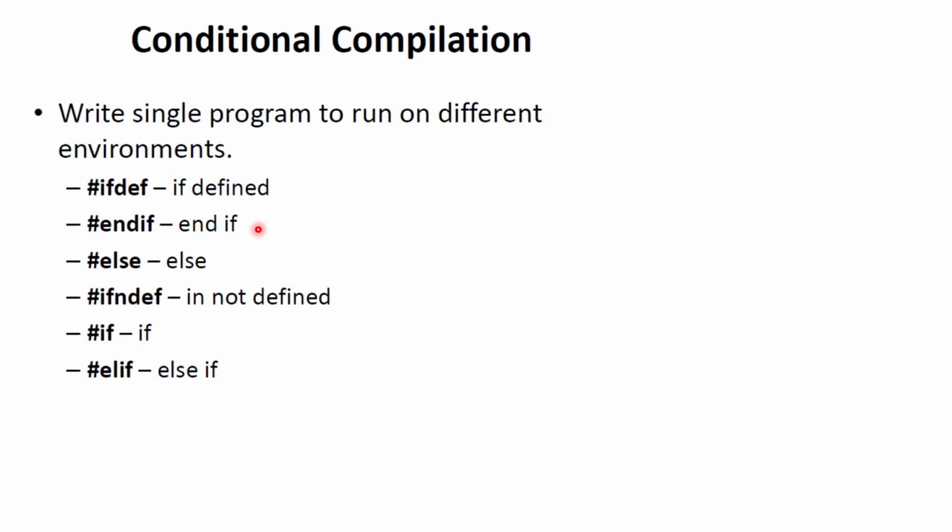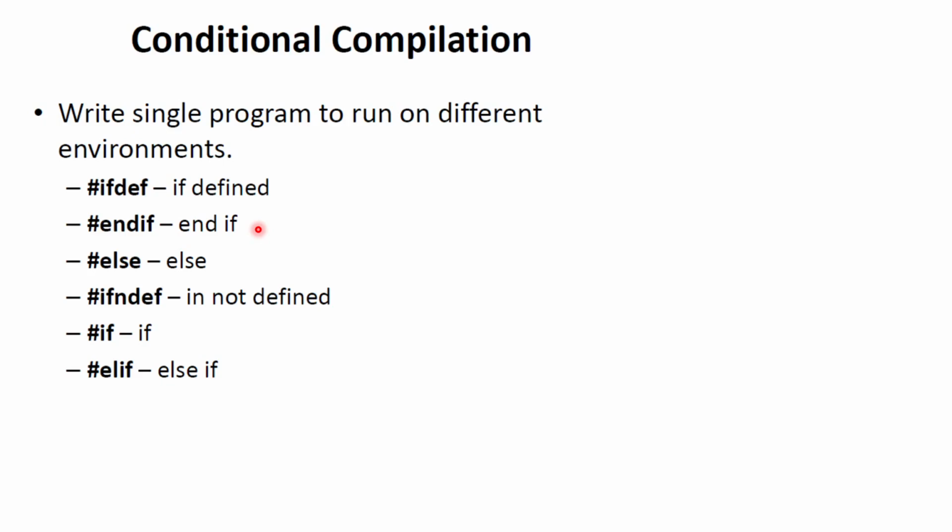Similarly, for other operating systems, maybe some other code is present. So as a programmer, what will you do? When you are writing the program, you don't know where that particular program is going to be used, so you cannot write more than one version of the program with different sets of instructions. In this situation, we can write different types of instructions in different parts of the program, and keep a condition so that based on the condition, one of the chunks gets executed, maybe based on the operating system.